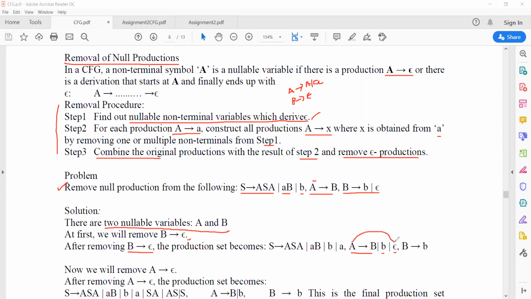And you remove B produces null from the grammar. So now, after the first removal of B produces null, your resultant grammar becomes this.